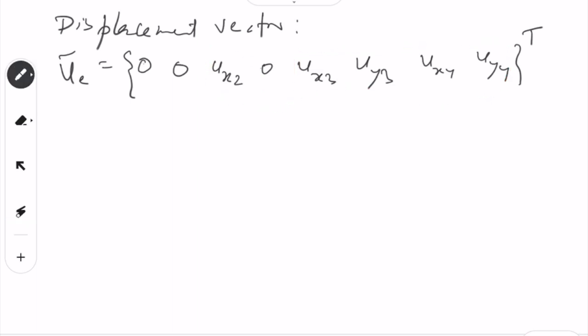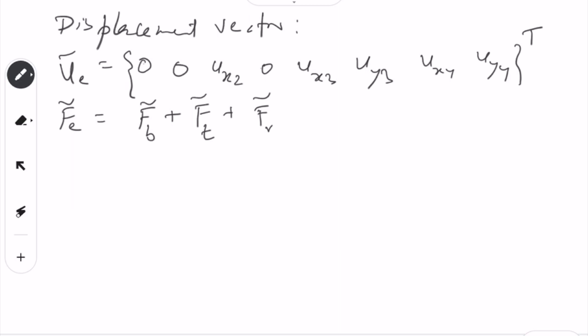Now force Fe will have 3 components, we know that, and what is that? One is because of the body force, second is because of the traction forces, and third is because of the reaction forces.